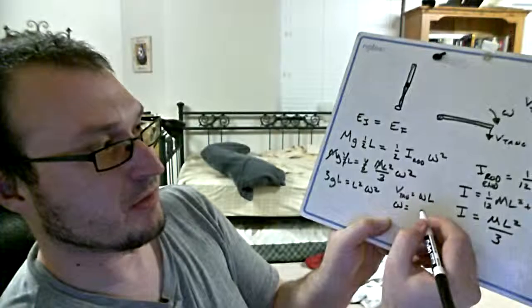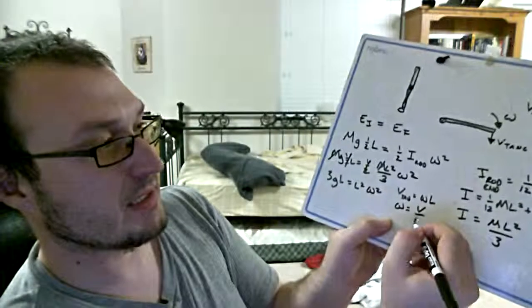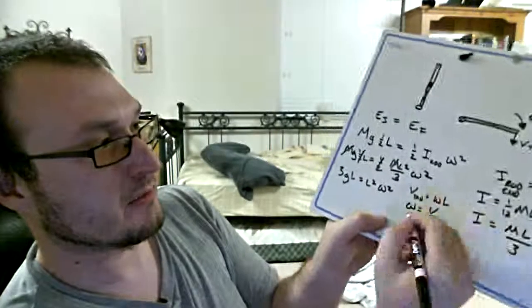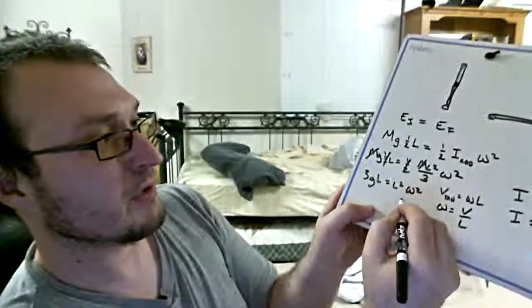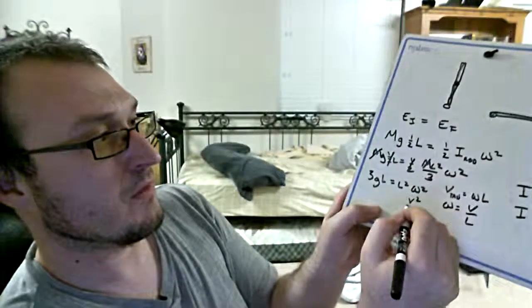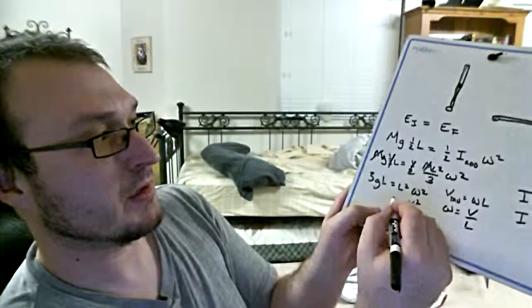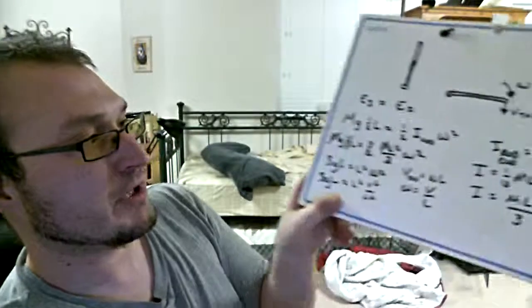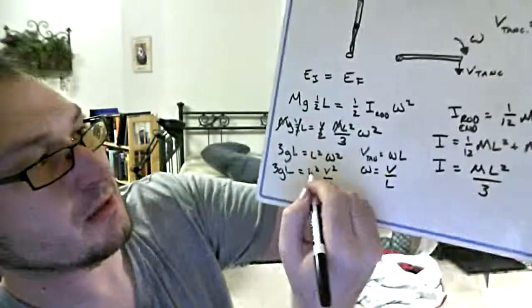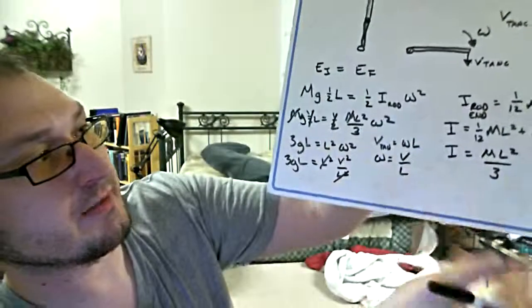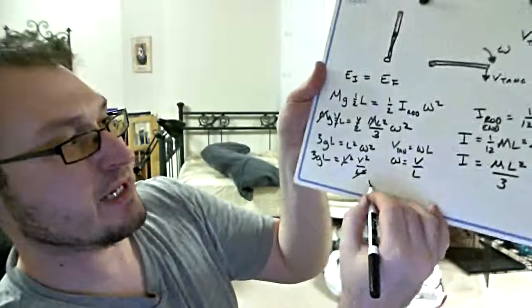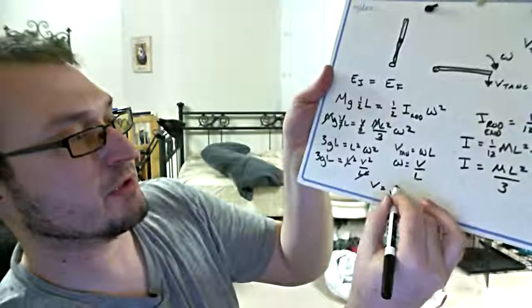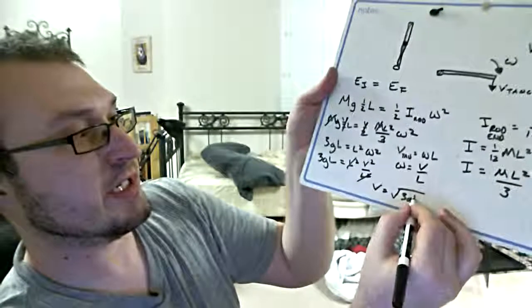It means that omega equals velocity over length, and omega squared equals V squared over L squared. So 3GL equals, the L squareds cancel, and I get V squared, and V equals the square root of 3GL.